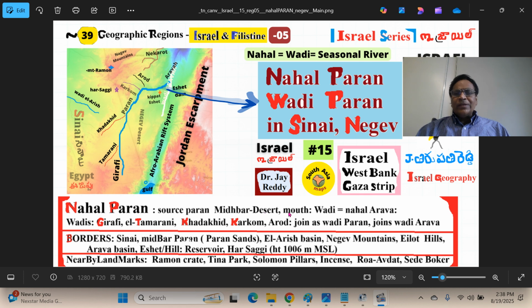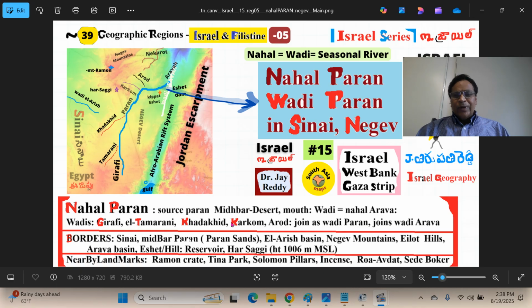Its mouth is the Nahal Arava, that is essentially more or less a boundary between the Negev, that is Israel, and the Hashemite kingdom of Jordan on the east. Its sub-wadis or tributaries are Wadi Jirafi, Tamarani, Kadakid, and Karkom.